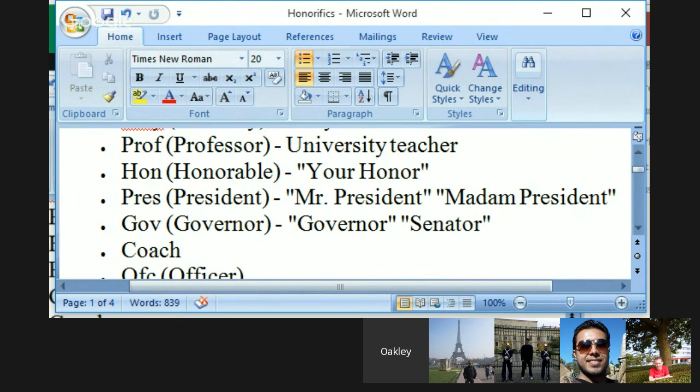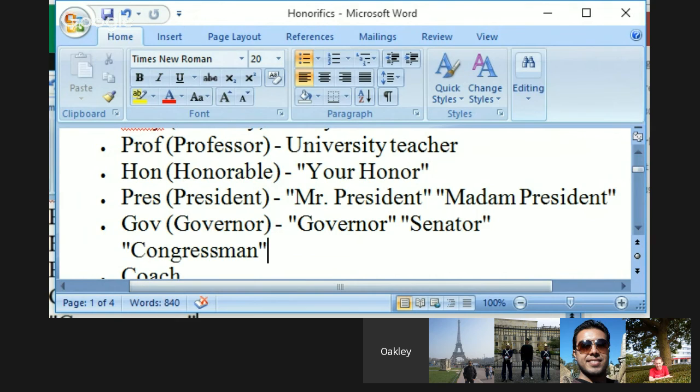Very similarly, we would just say senator if we're addressing him directly. Nice to meet you, Senator. Or nice to meet you, Congressman. More formally introducing them, of course, you would say Governor Jerry Brown, Senator Bob Dole, Congressman Bernie Sanders, whatever.